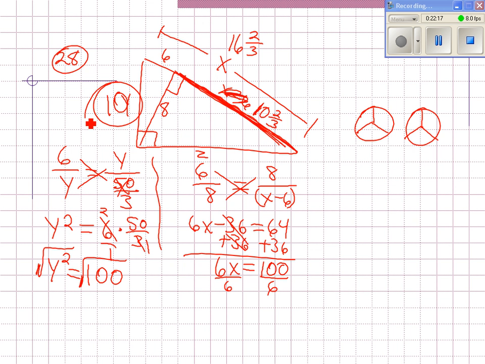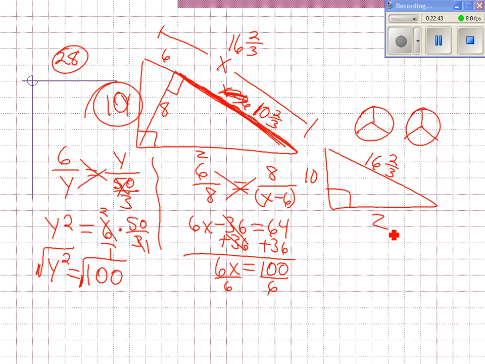Couple different ways you could find z. Could we go back and do the leg again and put z in there? Yeah. The other thing you could do, you could use Pythagorean theorem because you know this side's 10, you know this side's 16 and 2/3, and you wanted to find z, so you could just use Pythagorean theorem to find that third side. If that's easier because you've been doing it longer.